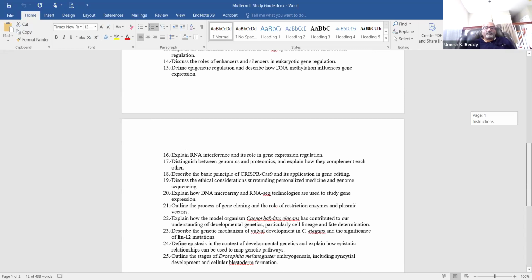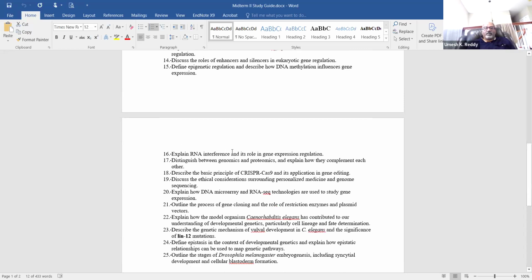And what is RNA interference and its role in gene expression regulation? So we understood that chalcone synthase is the gene that was first identified for RNA interference, in petunia flowers. They are purple in color. So what is the purpleness due to? That is because of anthocyanin pigments.